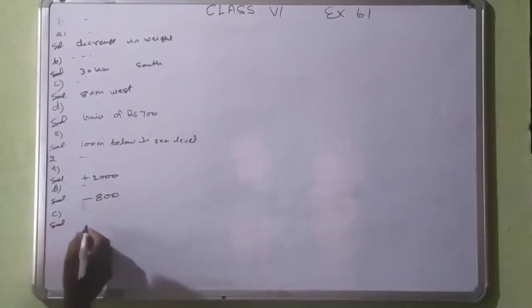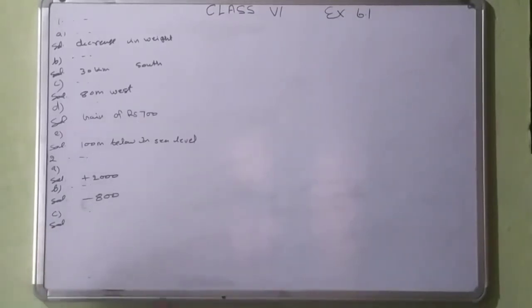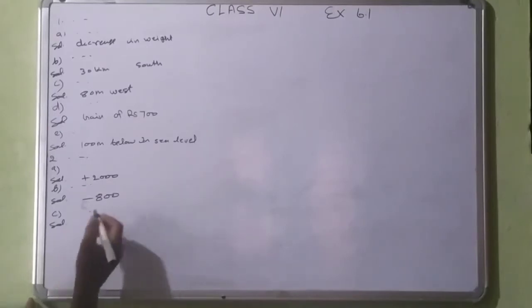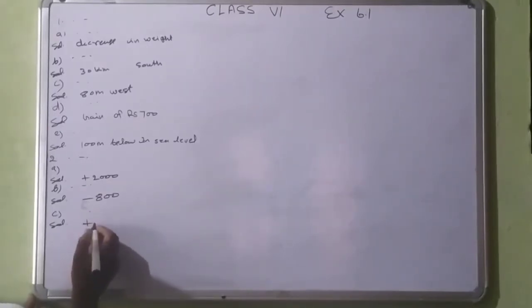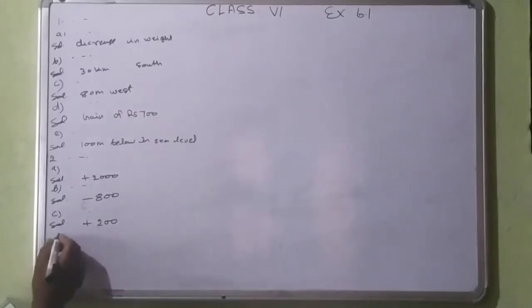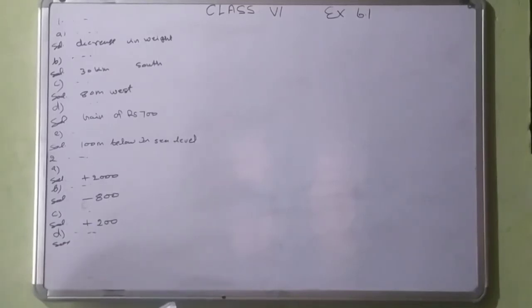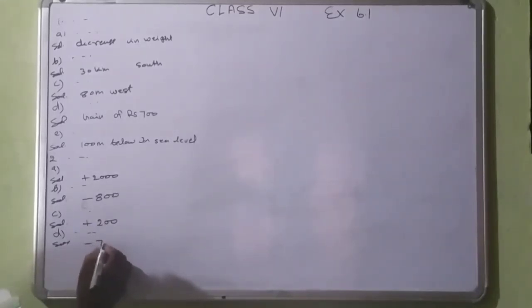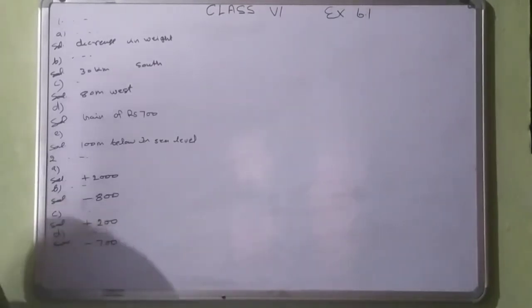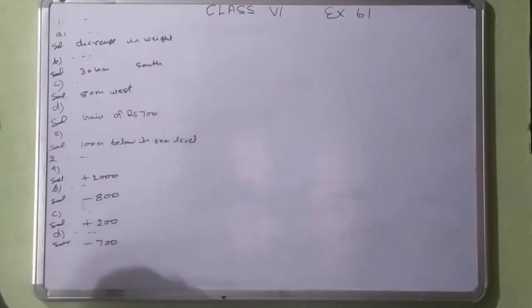Deposit means we are putting our amount in our account, so deposit means plus 200. D part: withdraw of rupees 700. Withdraw means minus 700.